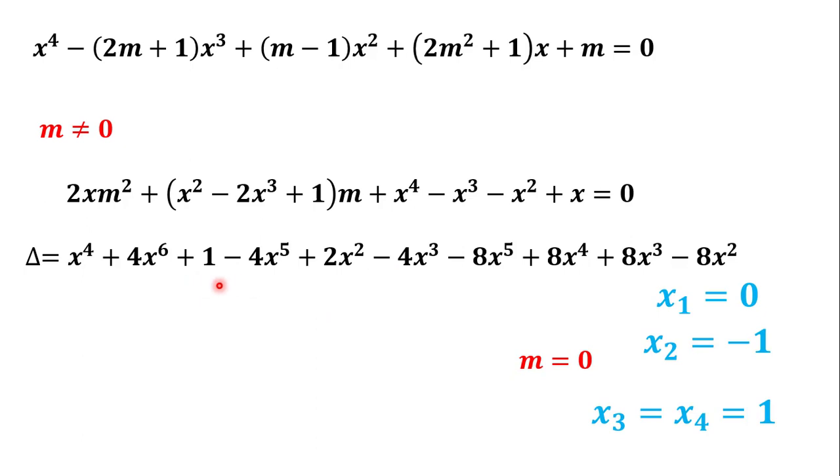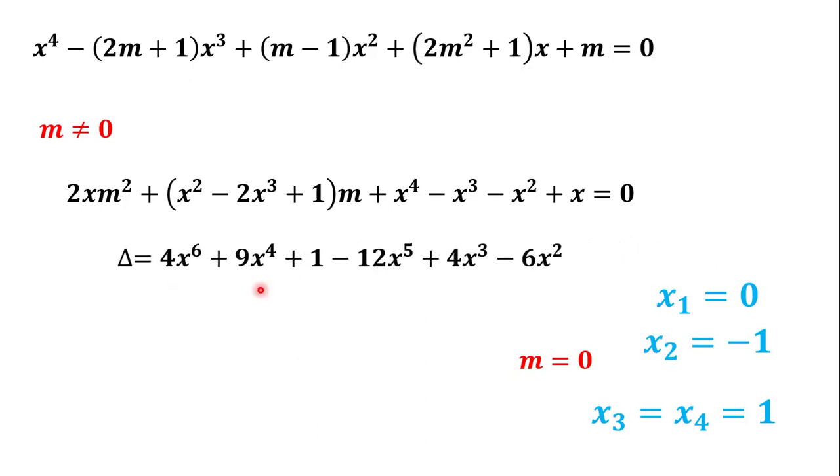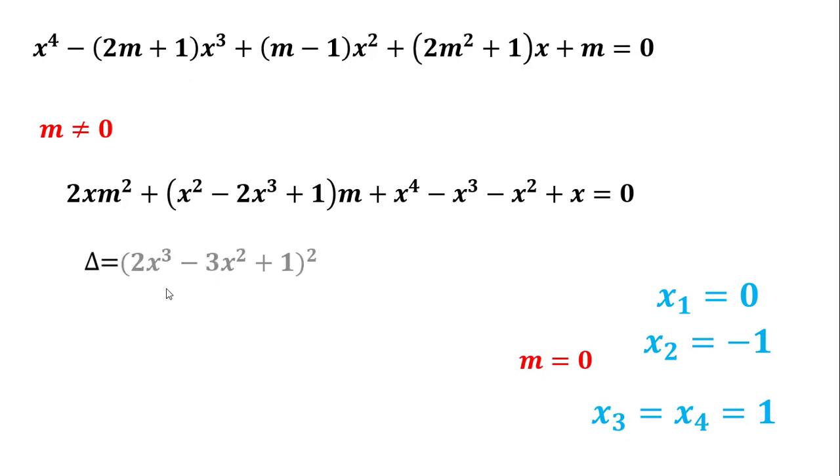We need to add and subtract terms that have the same exponent. So we're going to get... As you can see, we have a perfect square binomial. So delta is equal to (2x cubed minus 3x squared plus 1) all squared.